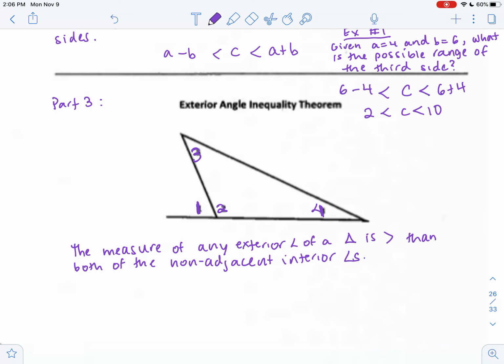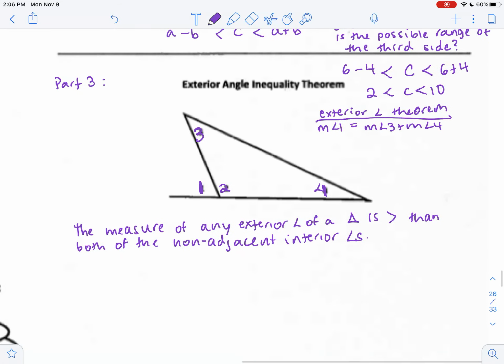Okay, what does that mean? We learned from before, with the regular exterior angle theorem, not the inequality theorem, that the exterior angle of a triangle is equal to the sum of the two remote interior angles. So in this case, 3 plus 4. Well, if that equation is true, then according to this inequality theorem, the measure of angle 1, the exterior angle, if it represents the sum, must be greater than 3.